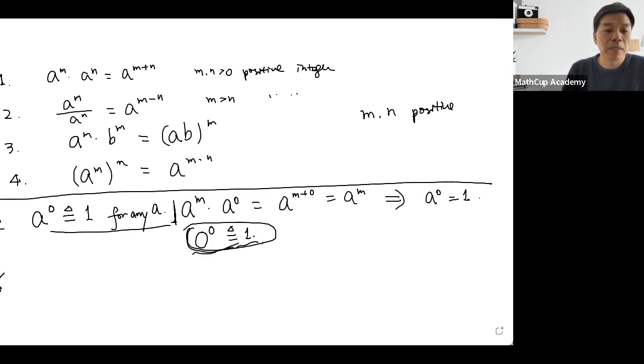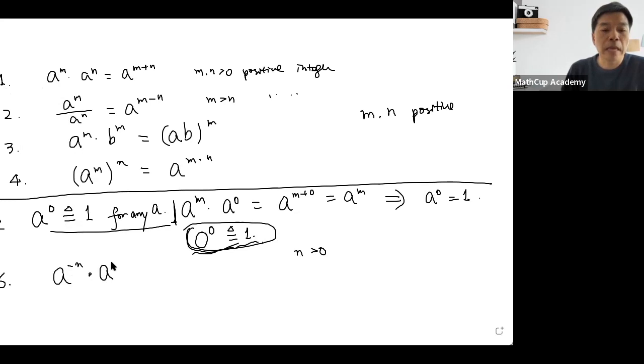Now, property number 6. How about a to the power negative n, for n positive? So we're talking about negative exponents, n bigger than 0. How do we define a to the power minus n? Again, we define this by enforcing or hoping that property 1 or 2 or 3 or 4 is true for any m and n. Now, if property 1 is true for negative n, then let's choose one particular m equals n.